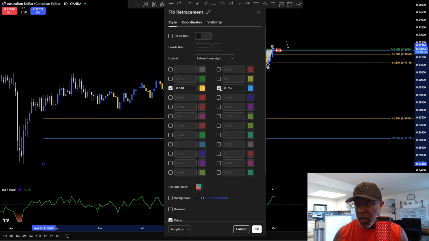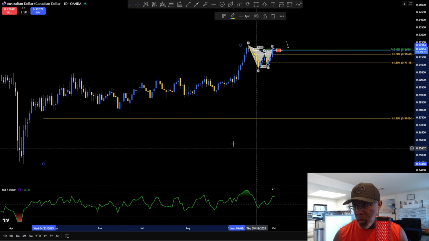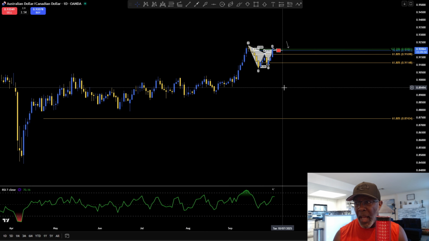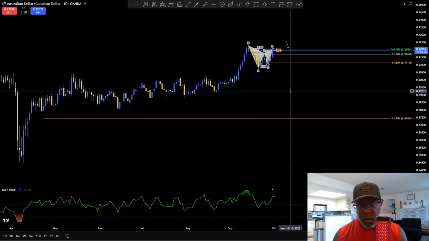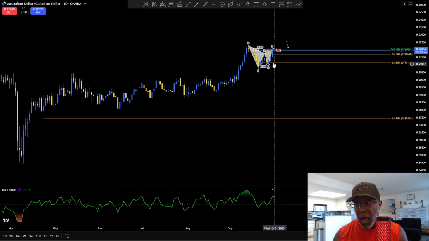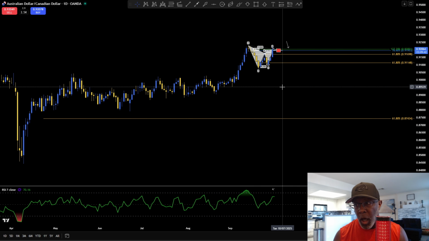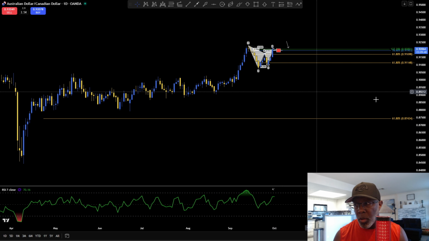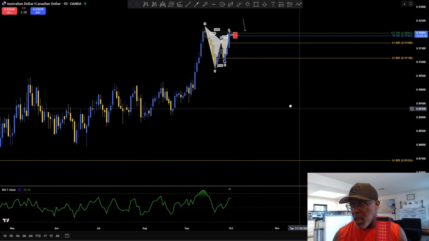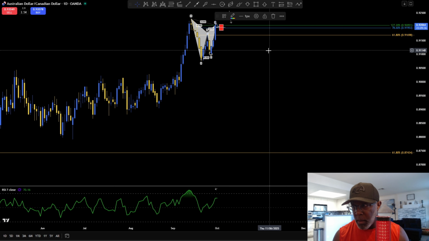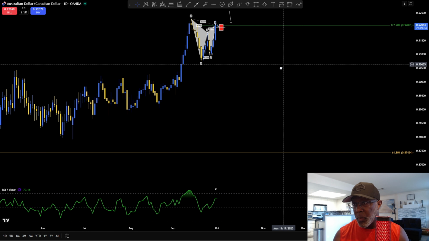I'm going to take the 786 off. Now, if you wait, it's worth it. You got a 222 Gartley pattern combined with a 3-bar reversal and a risk versus reward that would look very insane like this.